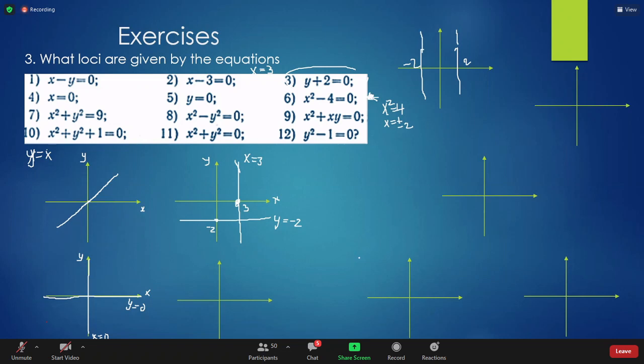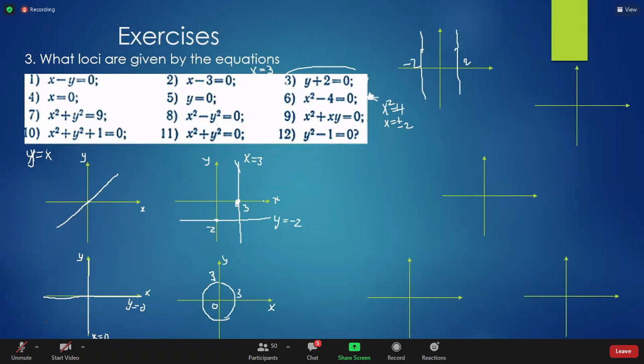It's a circle with the center in the origin and the radius is 3 units. Yes, exactly. People might not be familiar with all circles, but certainly the circle with the center at origin should be familiar to you, because that's definitely school material.